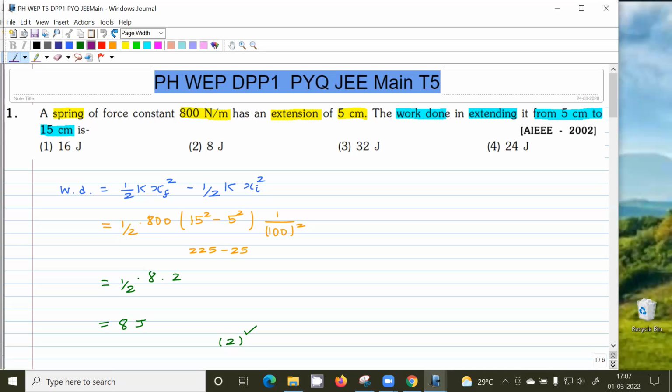Option 2. 15 square will be 225 only, no, sir.